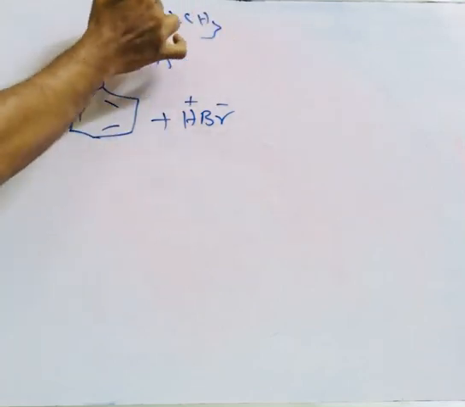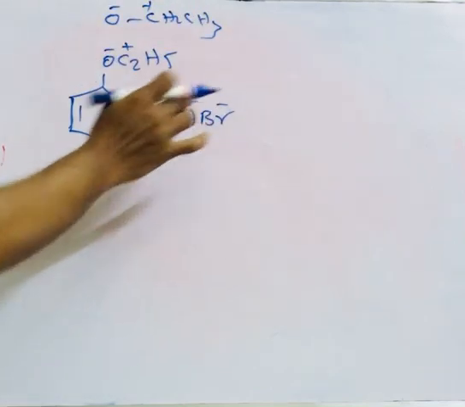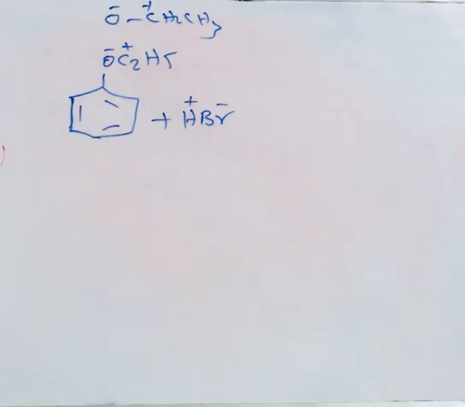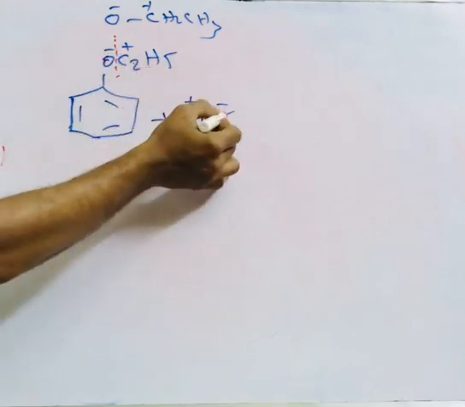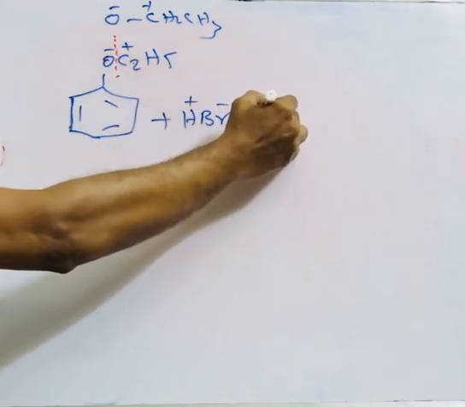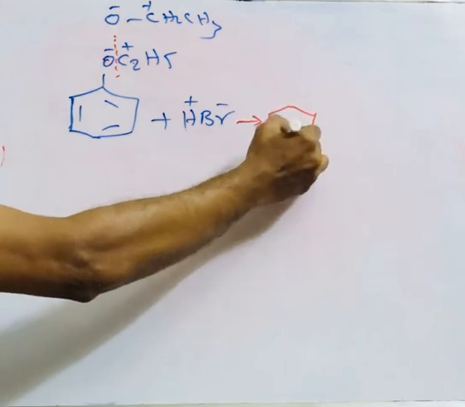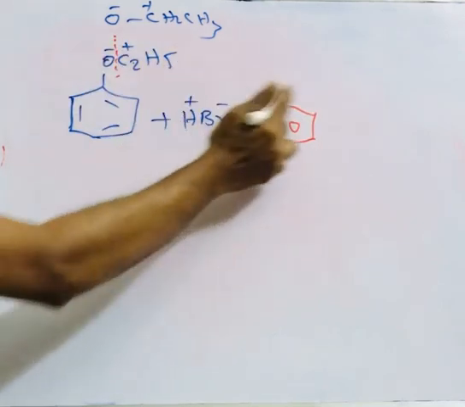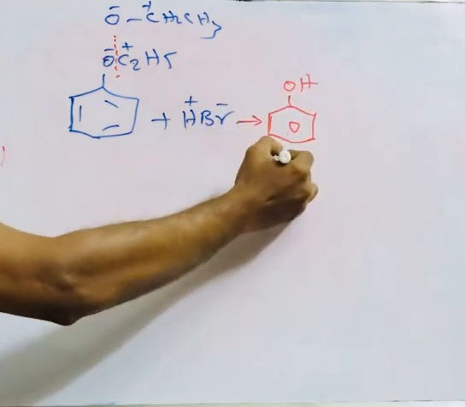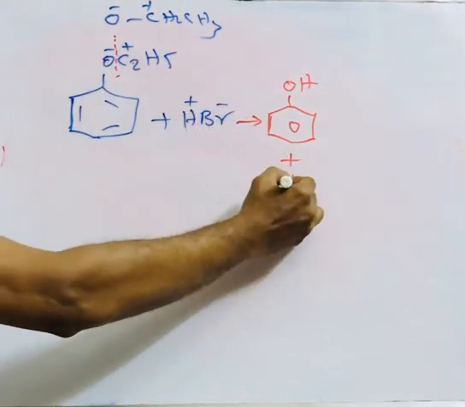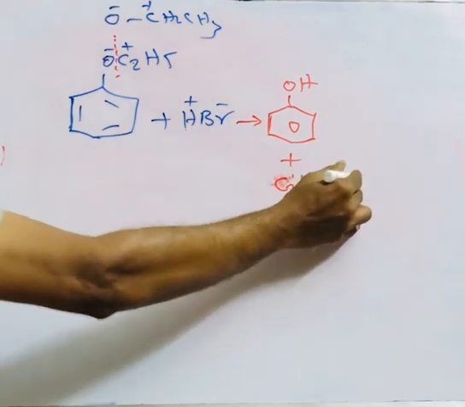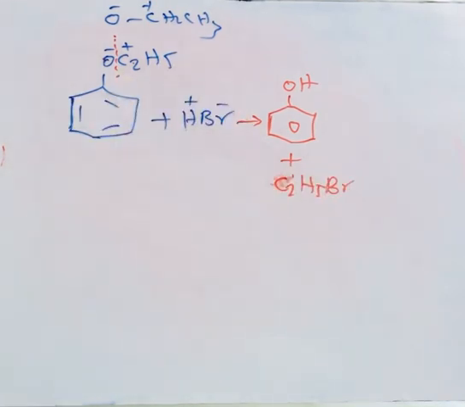This is the way it happens. So to understand simply, you break here and add H here and C2H5Br, so you will get a phenol. Clear? You see I have this and OH, so OH is the phenol. The next is C2H5Br. So this is the way it will be converting.